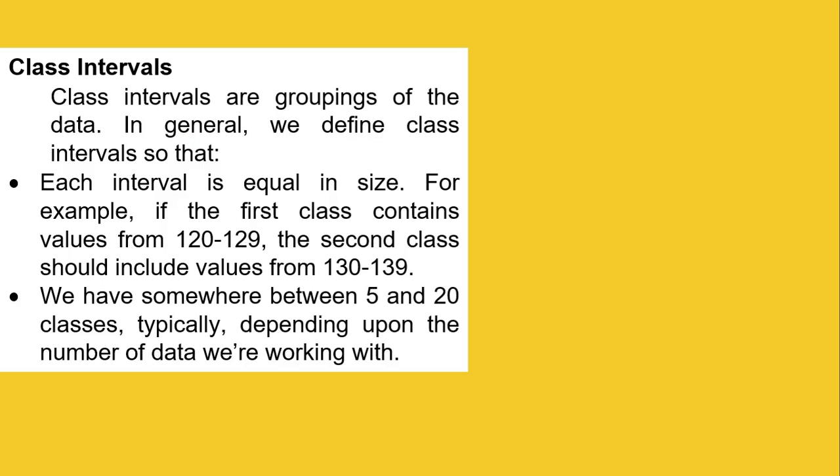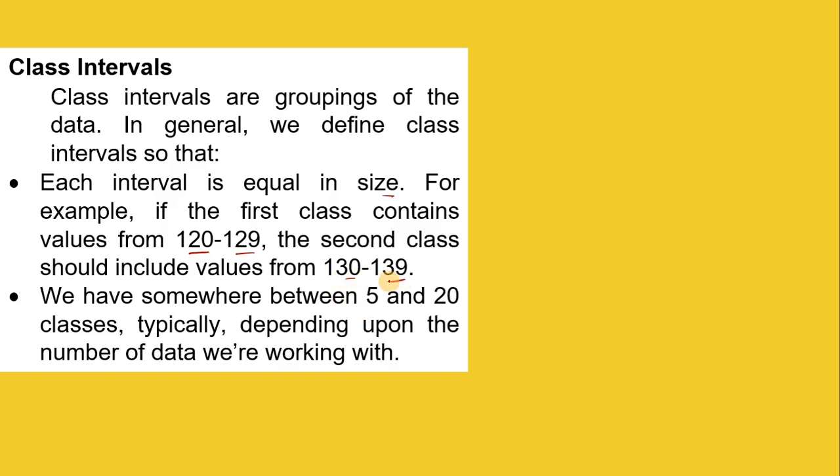So in general, we define class intervals so that each interval is equal in size. For example, if a group or interval contains values from 120 to 129, the second class should include values from 130 to 139.